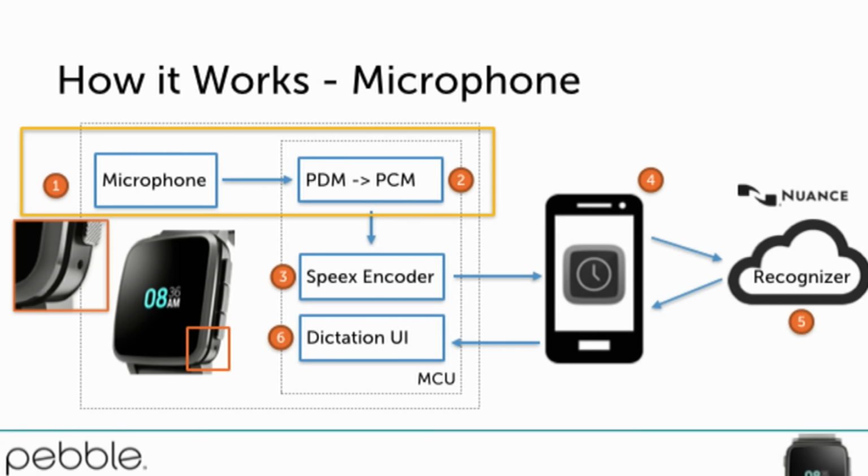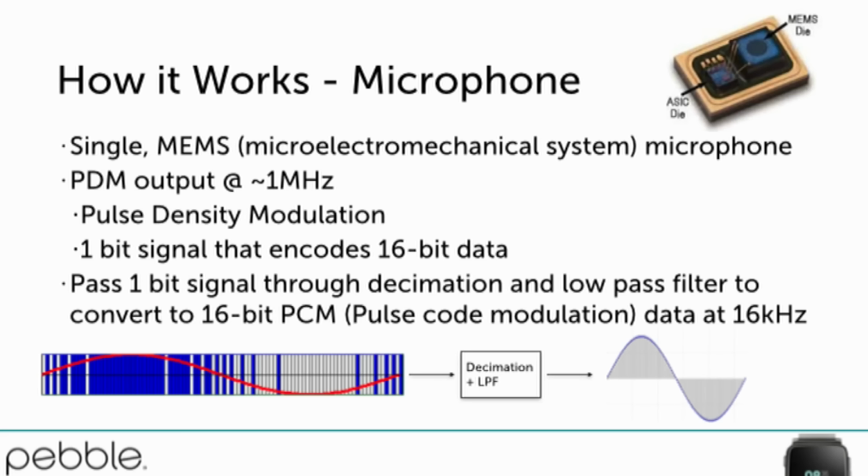Okay, so how it works. The first part is we have a microphone, and we need to get the data from the microphone to the microcontroller, and we need to convert the data that we get from the microcontroller to something useful. And the reason for that is that we use what's called a MEMS microphone.